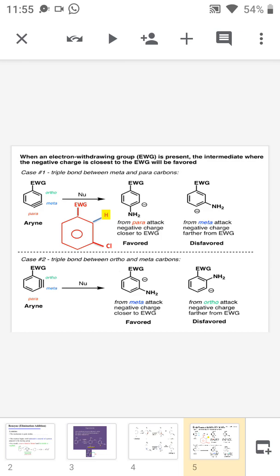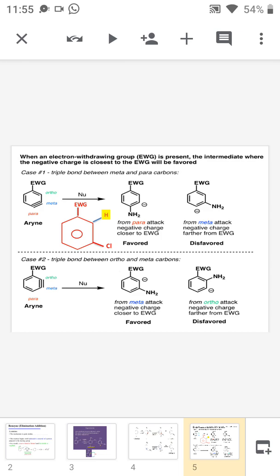Okay, then after that, the probable benzyne intermediate is the one which I have shown at the bottom of the slide. And there is another possibility for the benzyne intermediate which I have shown at the top of the slide, but the bottom one is more probable, because the most acidic proton is the hydrogen which is in between the leaving group chlorine and the electron withdrawing group.